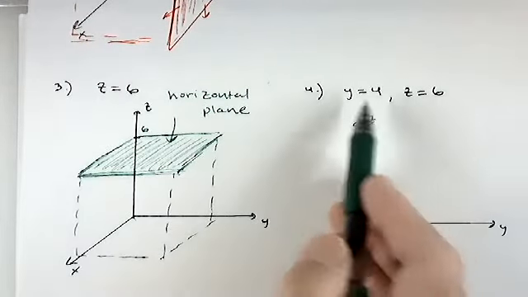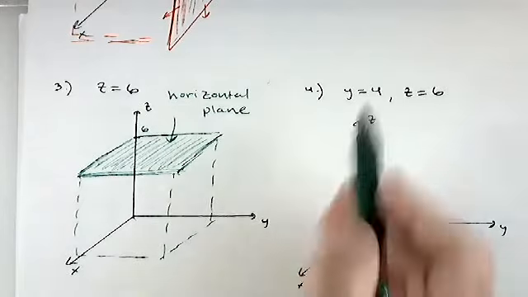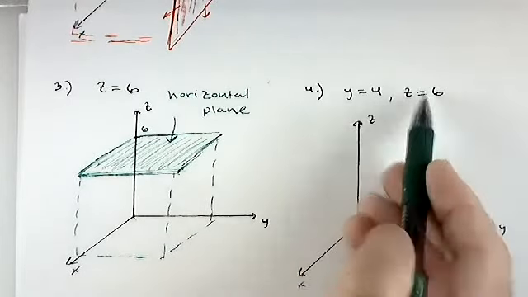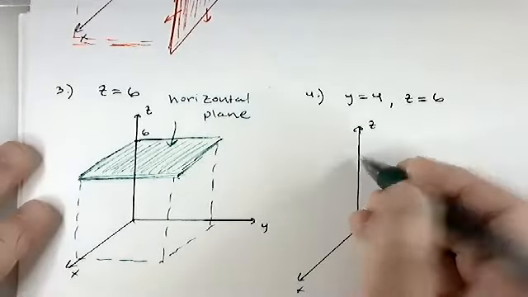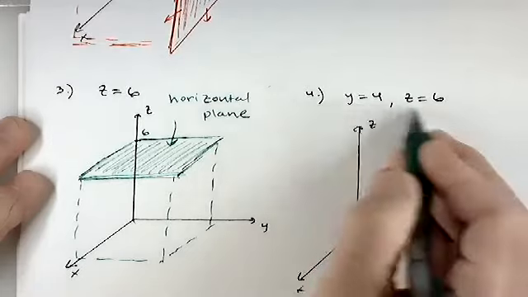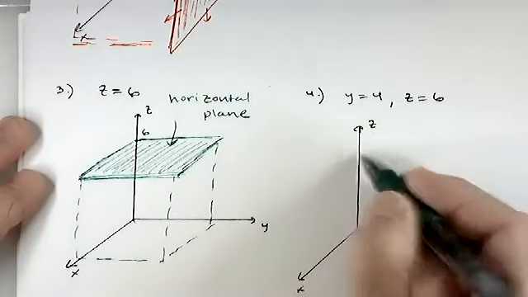Now, what if I was asked to describe what y equals 4 comma z equals 6 looks like? Well, what I would be looking for are points that satisfy both of these. Let me re-sketch it.